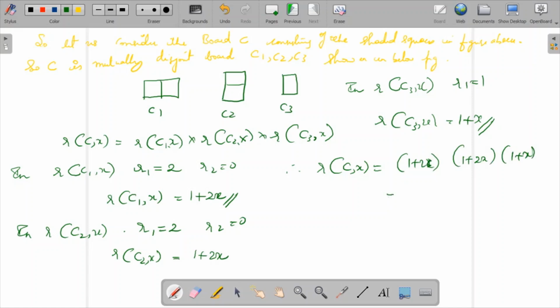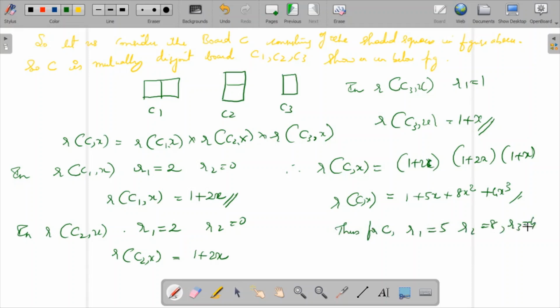If you multiply this, it would give 1 plus 5x plus 8x squared plus 4x cubed. So this is the final equation, R of C of x. From this we came to know that for C, R1 is equal to 5, R2 is equal to 8, R3 is equal to 4.